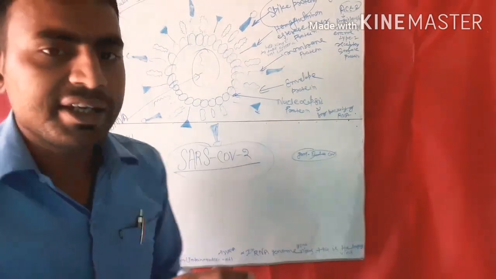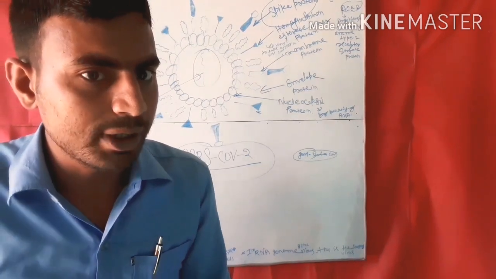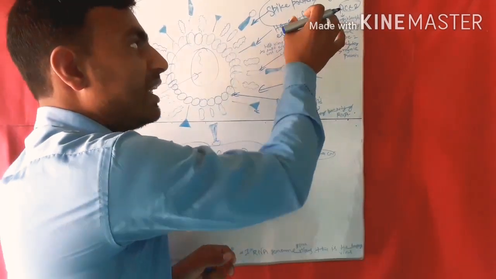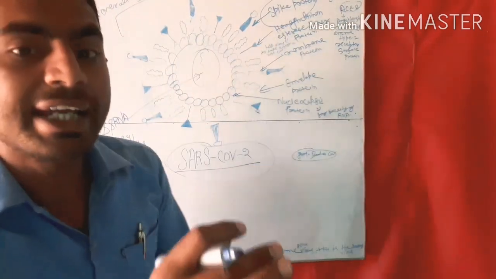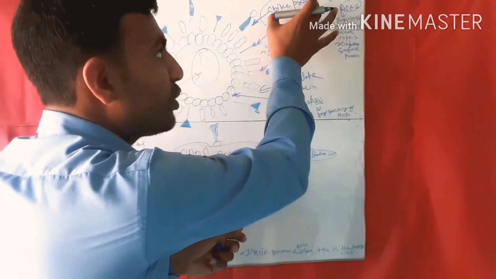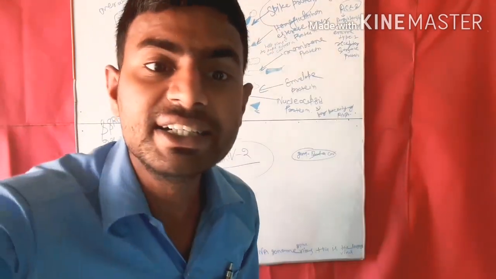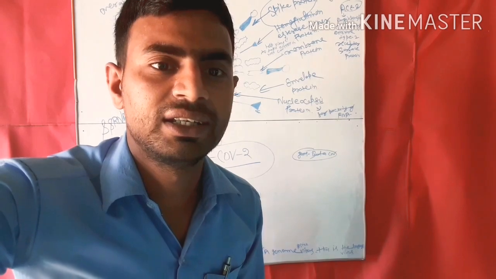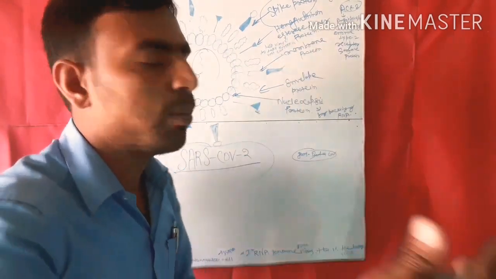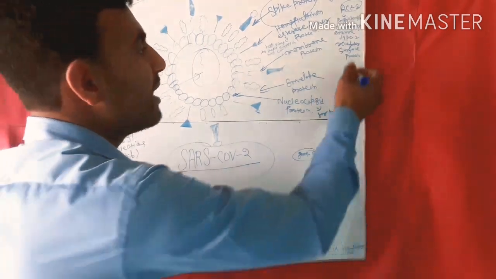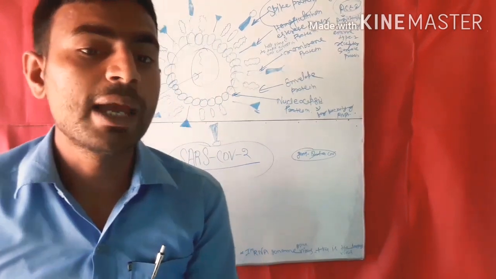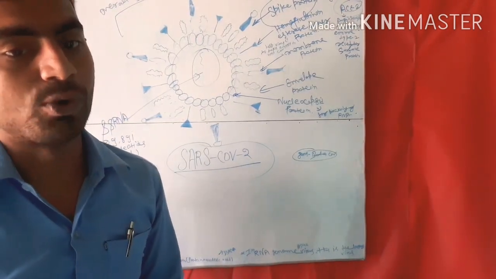From the virus side, the spike protein is responsible, and this hemagglutinin esterase dimer protein helps the spike protein to take entry in the human body, to attach to the host side ACE type 2, angiotensin converting enzyme type 2 surface protein.